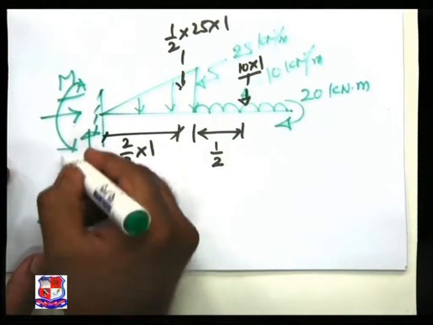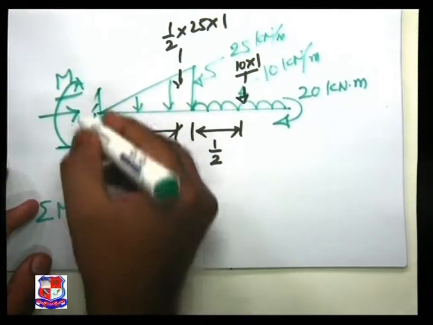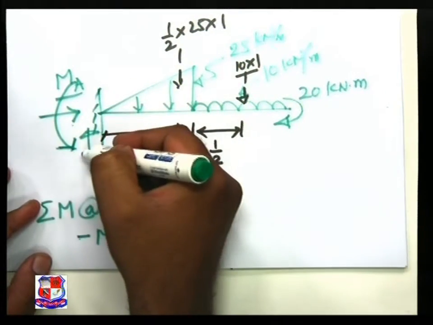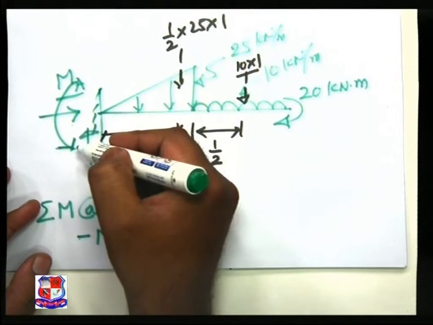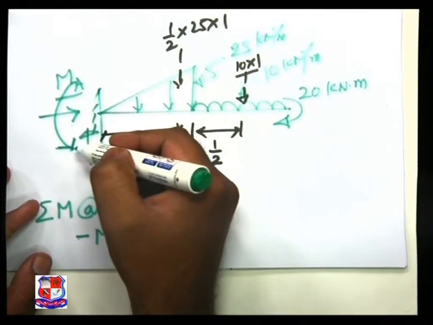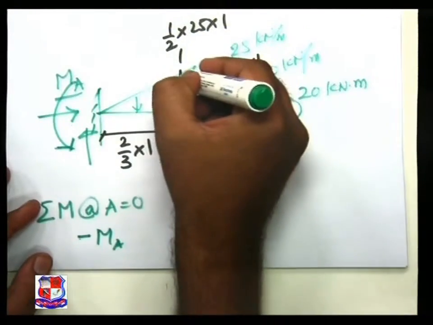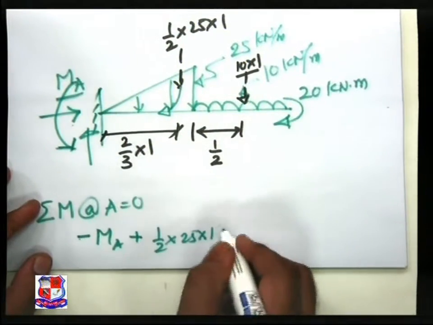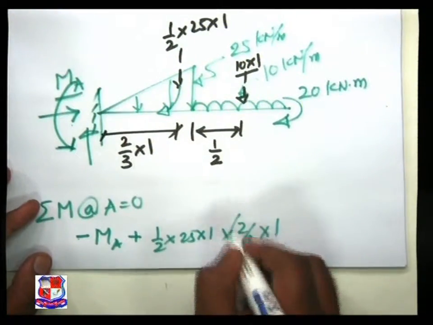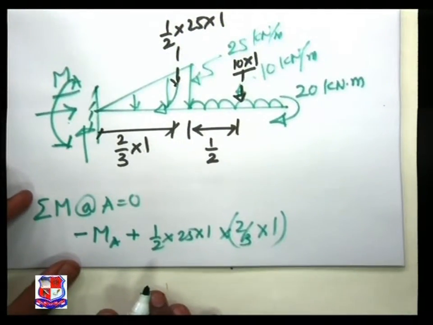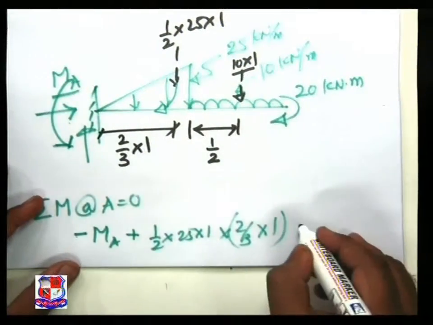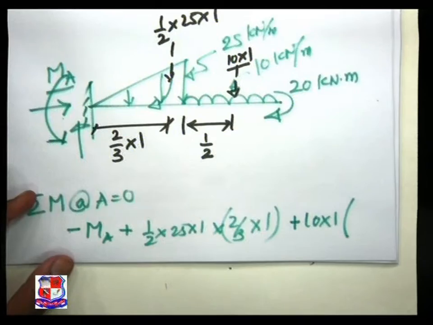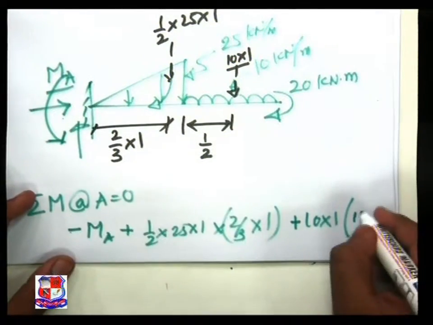So now by adopting this sign, first minus MA. Why minus? Because this is of anti-clockwise nature, and as per our sign convention, clockwise is treated as positive. Next, this creates a clockwise moment, plus half into 25 into 1 into 2/3 into 1. This is the perpendicular distance. Next, 10 into 1 plus 10 into 1 bracket, the distance is 1 plus half.